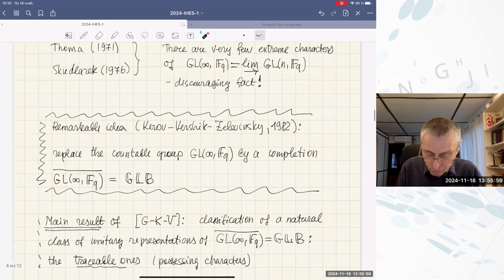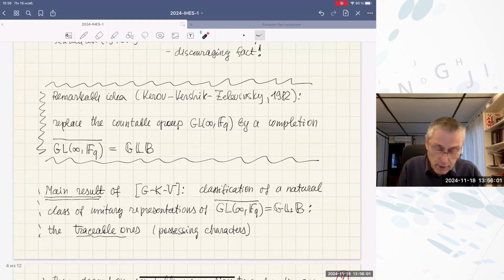Well, let me only briefly mention the main result of the paper by Gorin, Kerov, and Vershik, which gives a detailed presentation of the old ideas of these people.